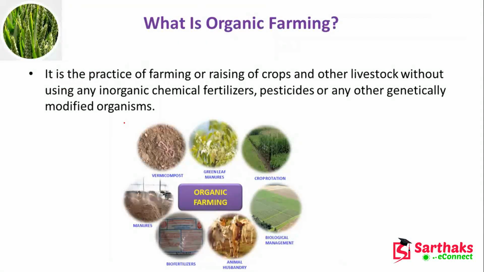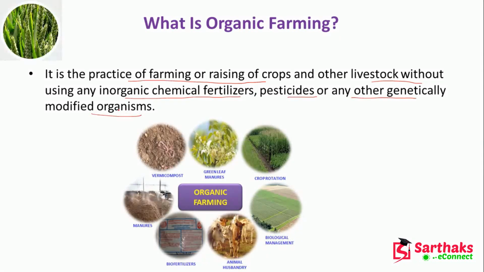Now, what is organic farming? Nowadays you are hearing one term, organic fruit, organic vegetables. So what is organic farming? It is the practice of farming or raising crops and livestock without using any inorganic chemical fertilizers and pesticides or any genetically modified organisms.